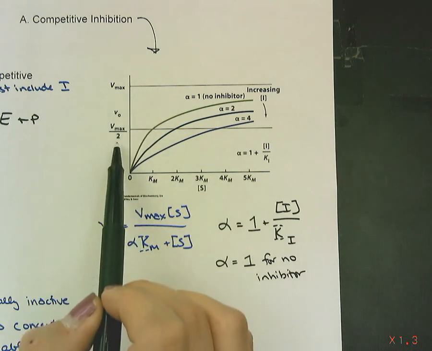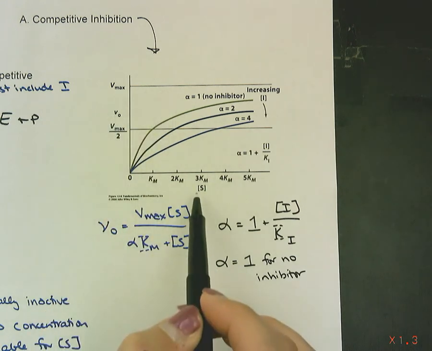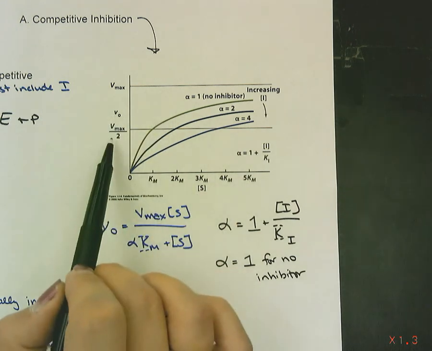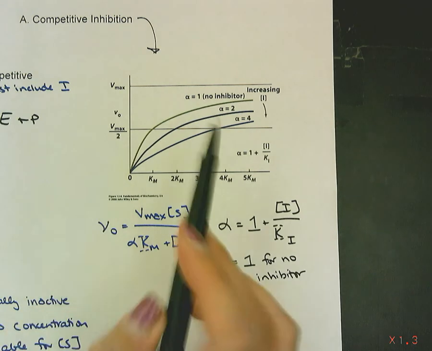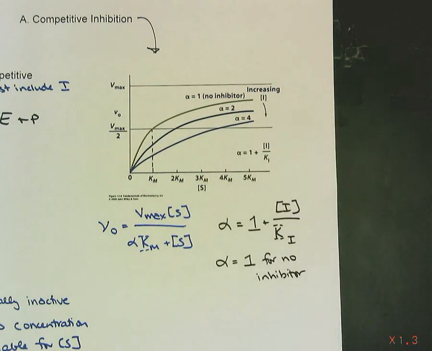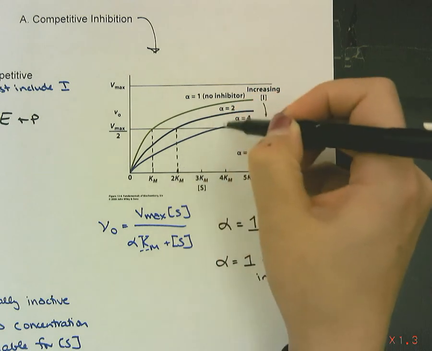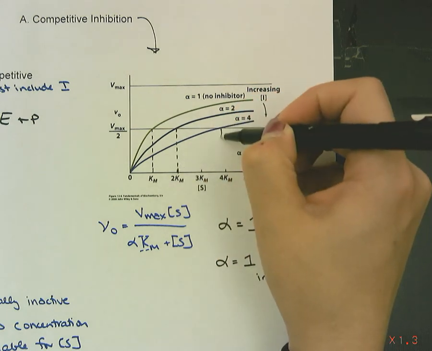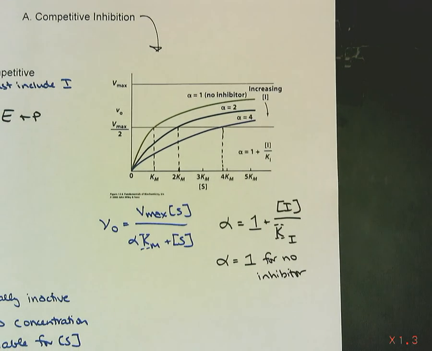I have initial velocity on the y-axis and substrate concentration on the x-axis. Vmax over 2 is the point at which you're at the concentration that equals Km. So let's take a look at our three.